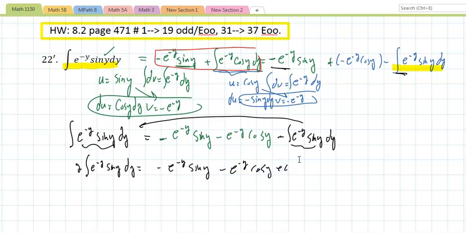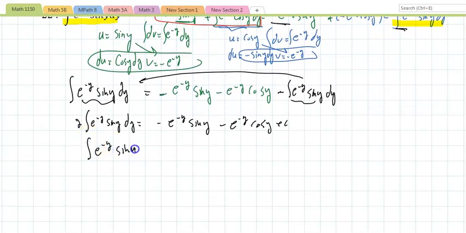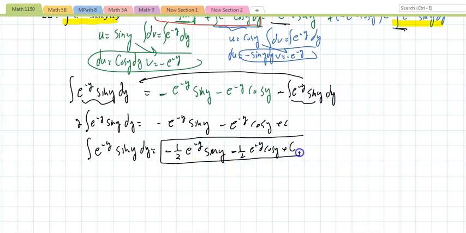You could add it in the beginning, you could add it at the end. That's not a problem. And this integral of e to the negative y sine of y dy would be negative 1/2 e to the negative y sine of y minus 1/2 e to the negative y cosine of y plus c. You could write c over 2 if you wish, but that's the answer.